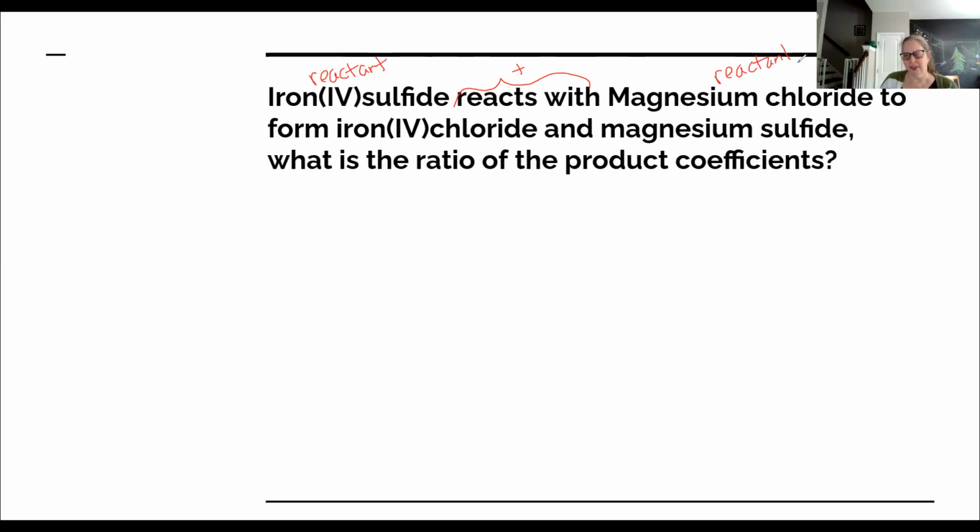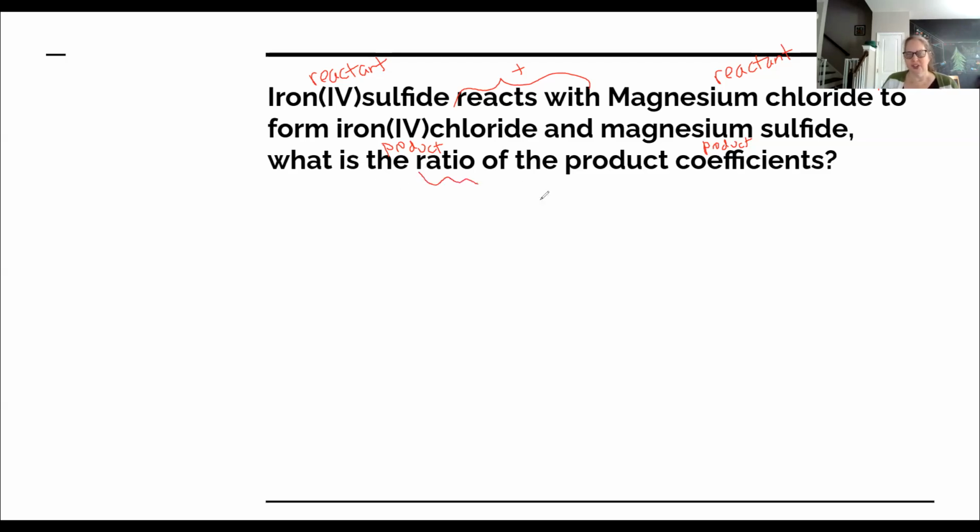Magnesium chloride is the reactant. To form, to produce, to yield, to create, to synthesize. You could see any of those things, but that means we're going to need our yield arrow right there. We're forming the products of iron(IV) chloride and magnesium sulfide. So in this reaction, we have 2 reactants and 2 products.